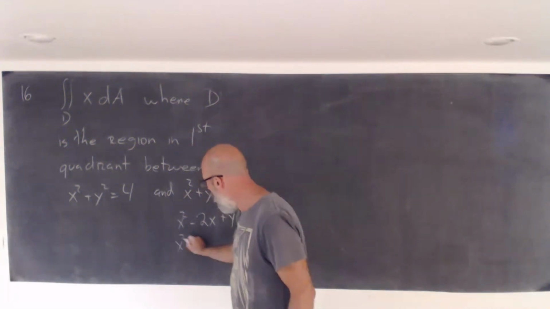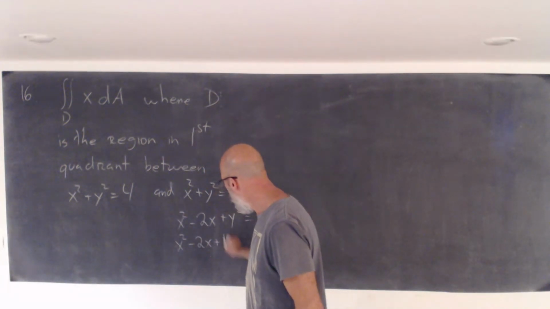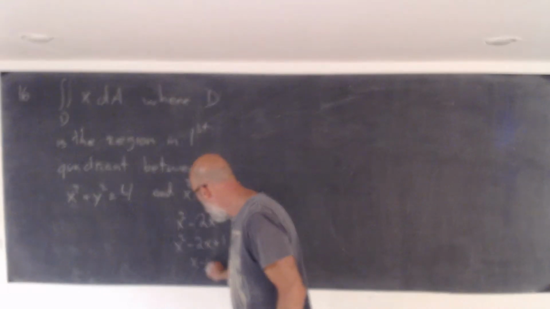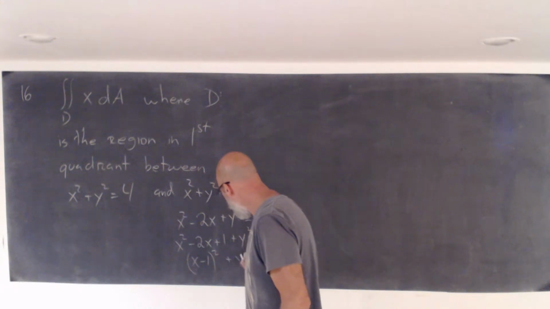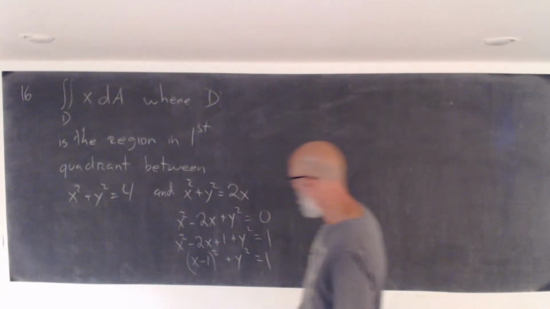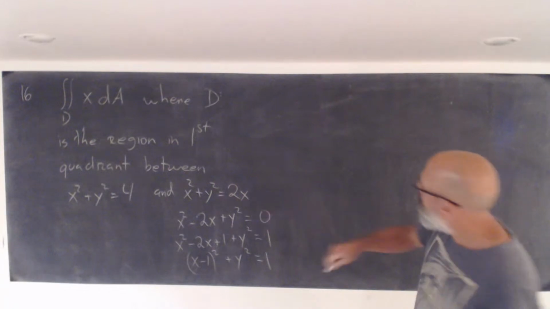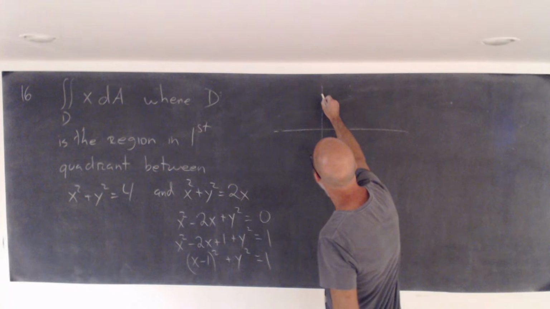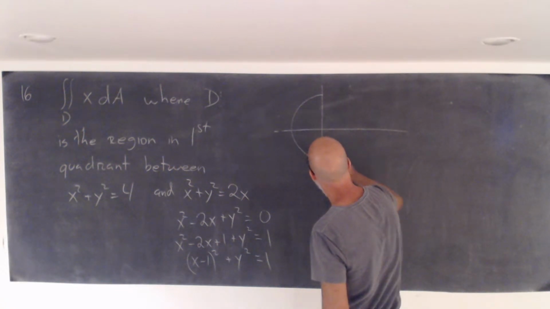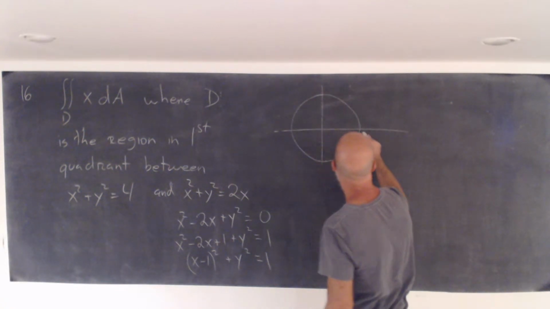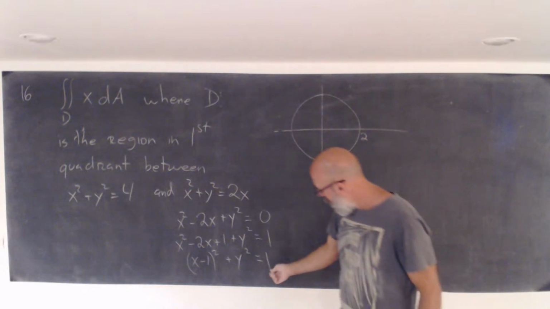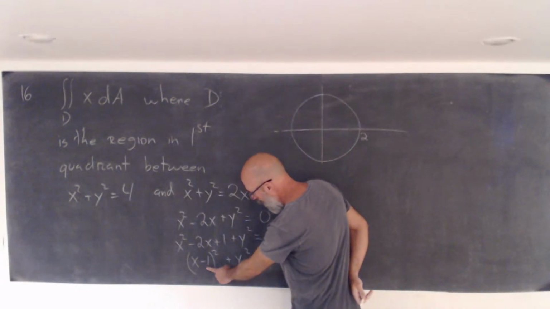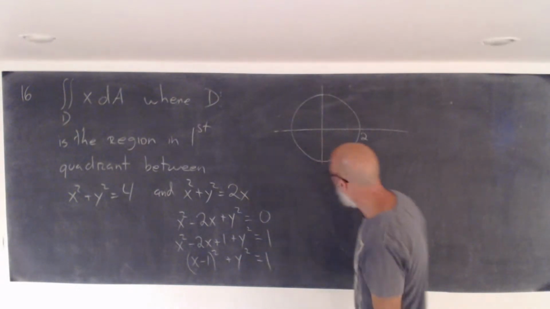If we complete the square by adding 1 to both sides, this over there was a circle of radius 2, centered at the origin. And this is a circle of radius 1, centered at (1, 0).